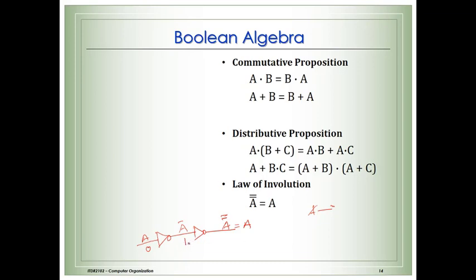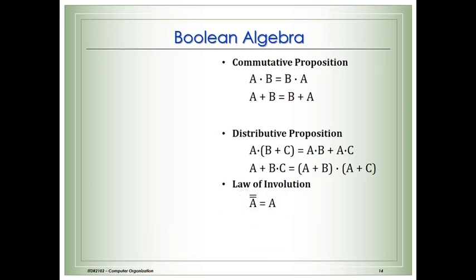Then again passing through another NOT gate, it will become 0. If it was 1, then here it will become 0 and here it will become 1. You see, this output and this input are the same. Meaning if you perform NOT operation twice on any operand, you get the operand itself. If it was 0, you will get 0. If it was 1, you will get 1. Right? So two times NOT operator, two times inversion, will give you the actual variable.